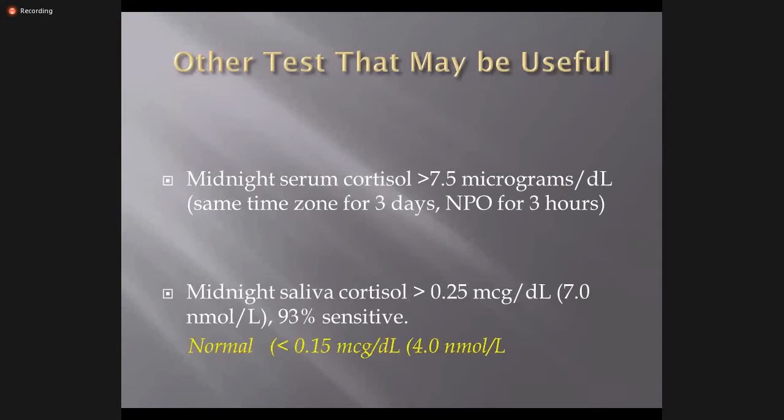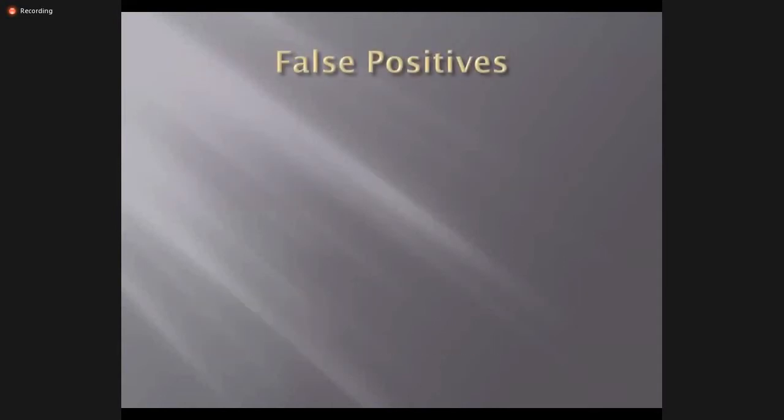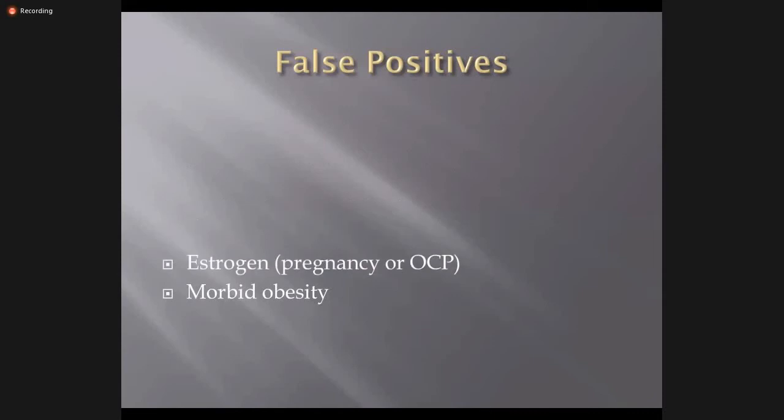Now the false positives. These tests may be false positive when there is morbid obesity, that is a BMI more than 35-40. Estrogen, when the patient is pregnant or taking an oral contraceptive pill.